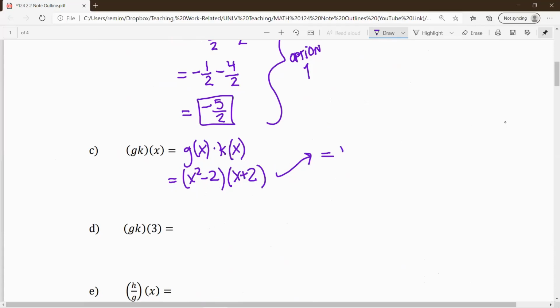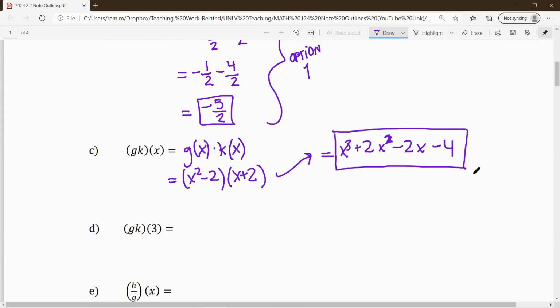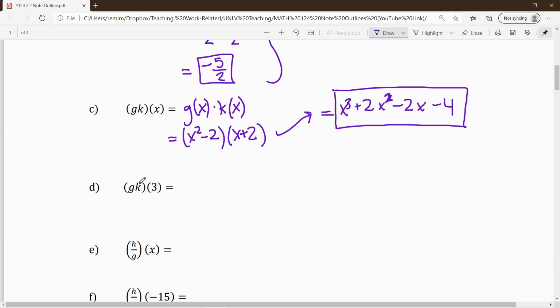I'm going to get x cubed plus 2x squared minus 2x minus 4 if I do that. And then at that point, I would try to combine like terms, but there aren't any like terms here, so we would be done.